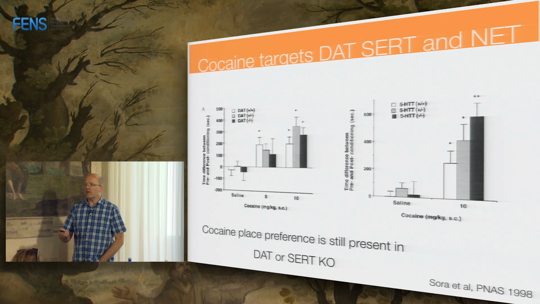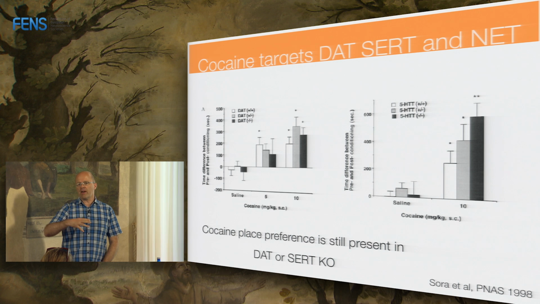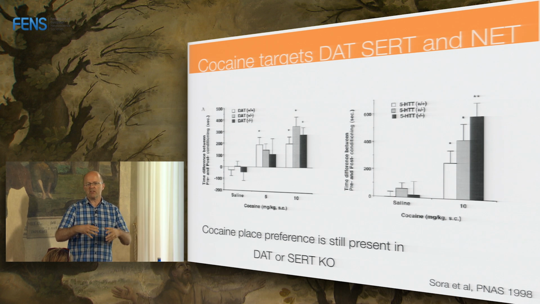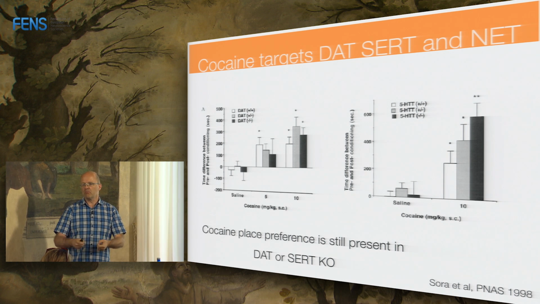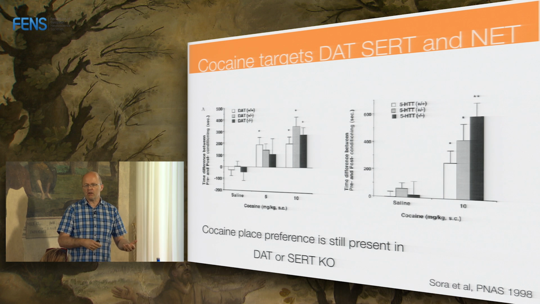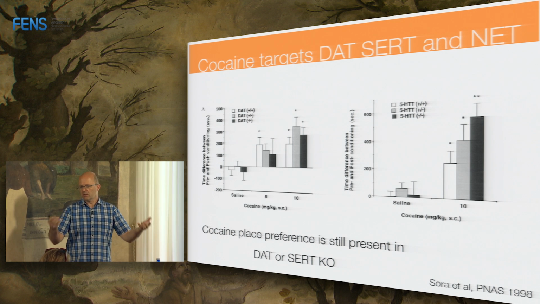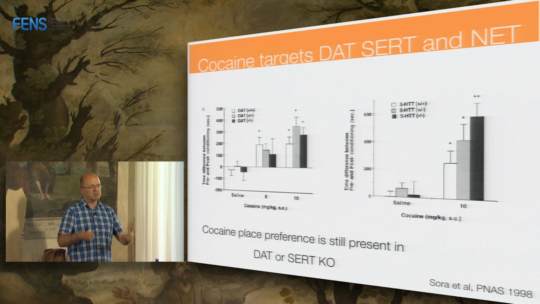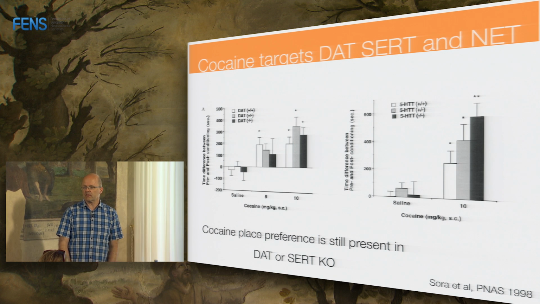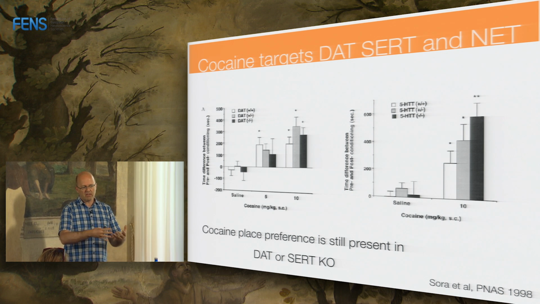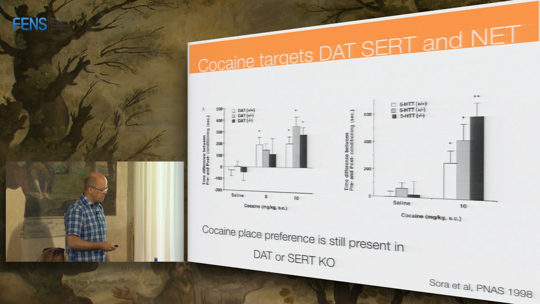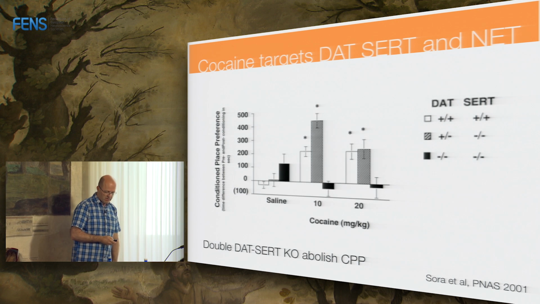Then, of course, one could say, well, maybe these monoamine transporters are not fully selective for one monoamine. So maybe somehow the serotonin transporter in these mice can still do something when cocaine comes, and cocaine definitely binds to the serotonin transporter. So maybe this is an additional mechanism that one has to take into account.